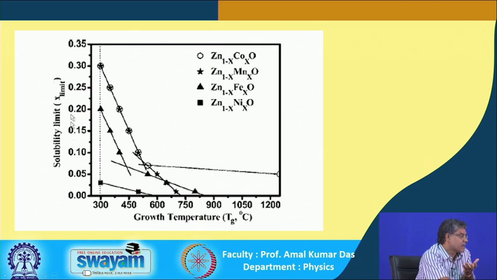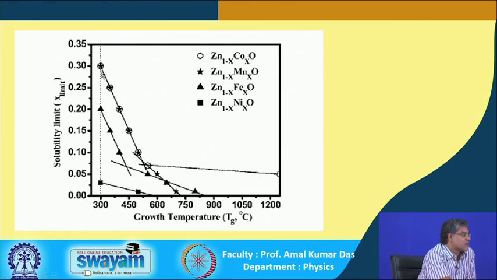From here you can directly compare. The solubility limit of nickel is the minimum, I think about 3%, and this one is for iron, so it is 20%, and the star one is manganese.